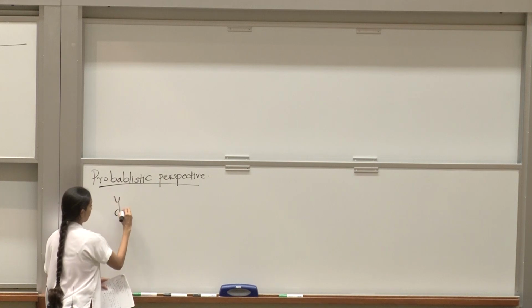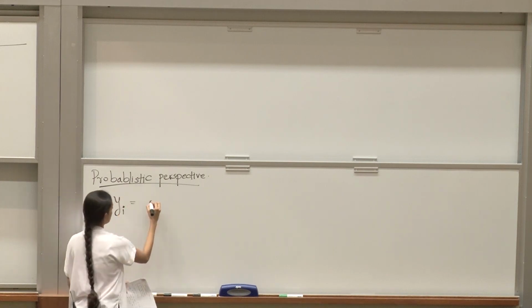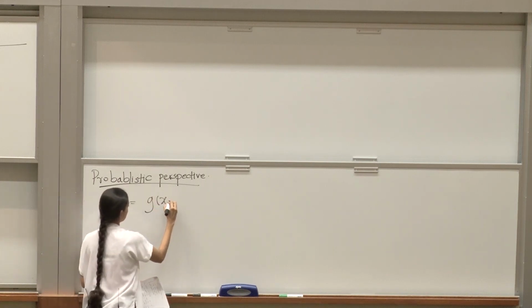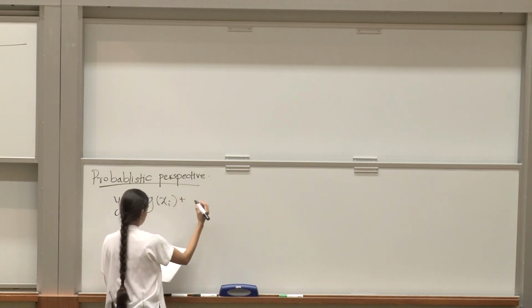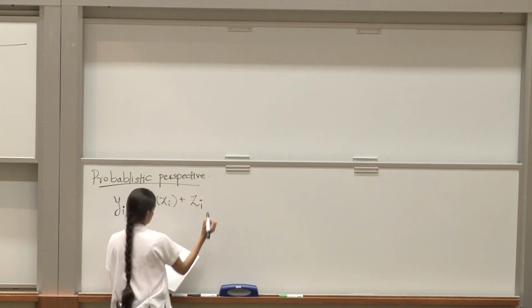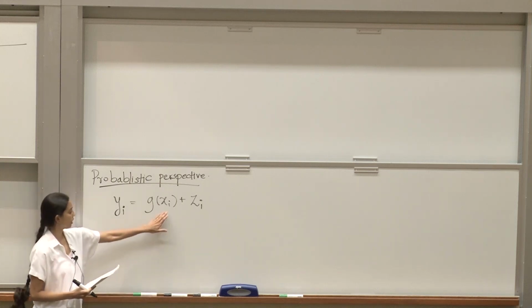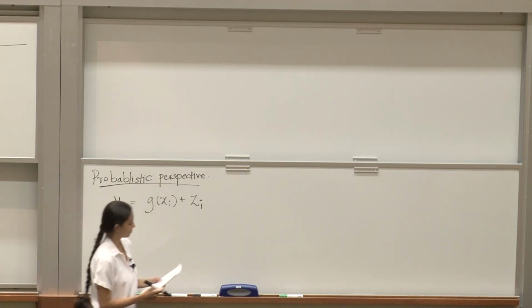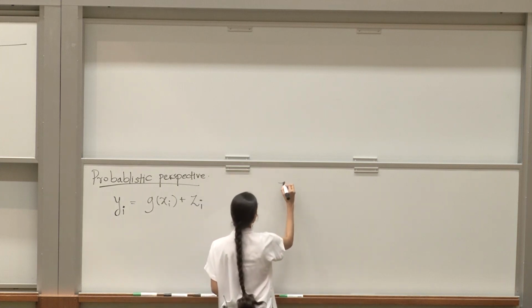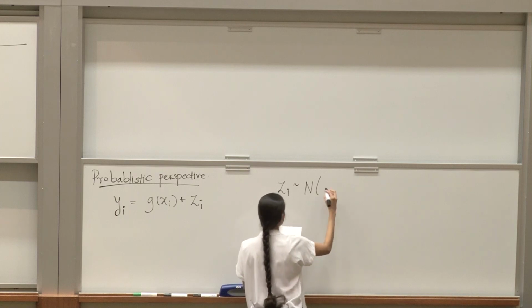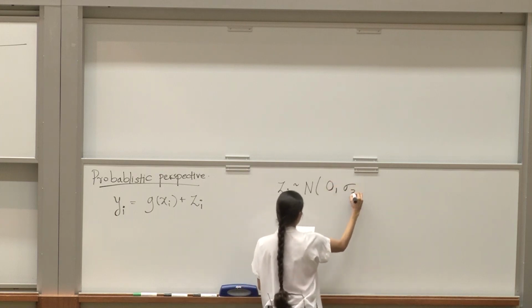So let's say I have my y_i, which is some g of x_i plus some z_i, okay? And this is my model, so every x_i generates a y_i. And maybe I have some information about my noise. Let's say my noise is drawn from a normal 0, sigma squared.